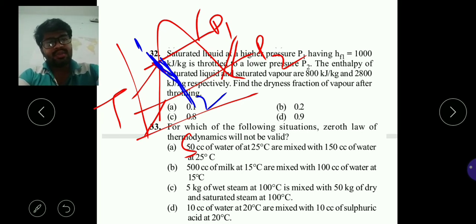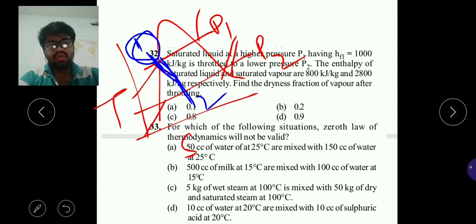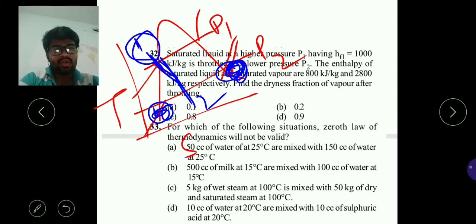The enthalpy at point 1 is known to us, and the other given data are the enthalpies at saturated liquid and saturated vapor. At pressure P2, this is our saturated liquid point and this is our saturated vapor point. We know the enthalpies at both points, and we need to calculate the dryness fraction at point 2. How can we calculate it?